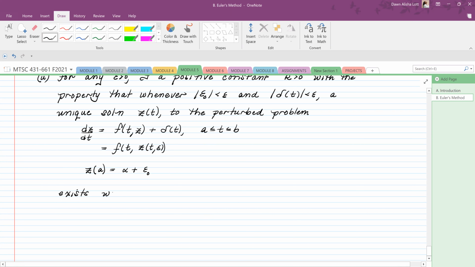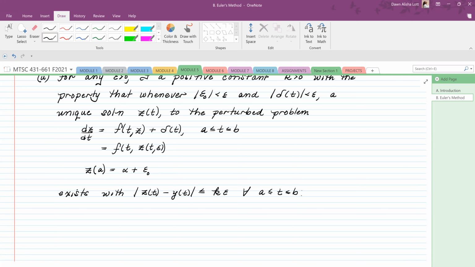With the absolute value of z of t minus y of t less than or equal to k times epsilon for all a less than or equal to t less than or equal to b. So what are we doing? We start with a differential equation, dy/dt is equal to f of t and y, with an initial condition, y of a is alpha.